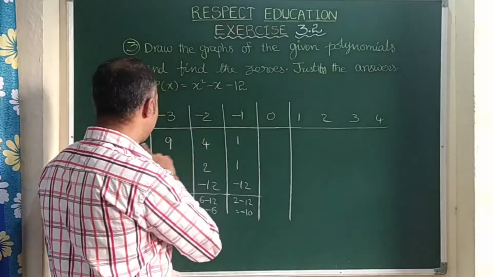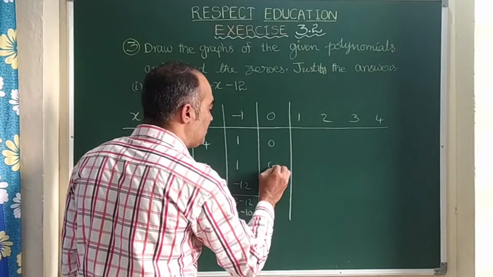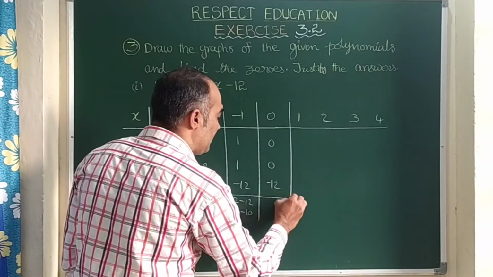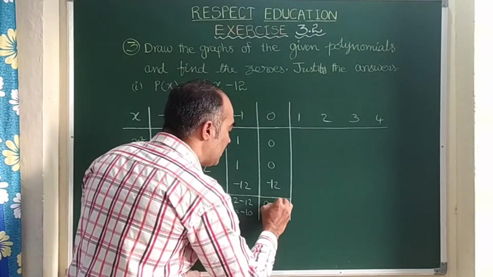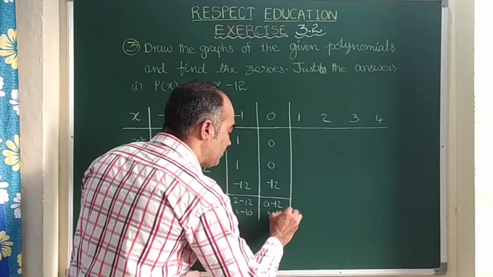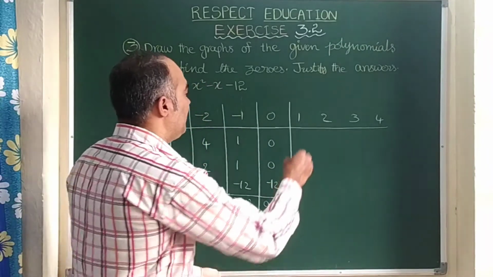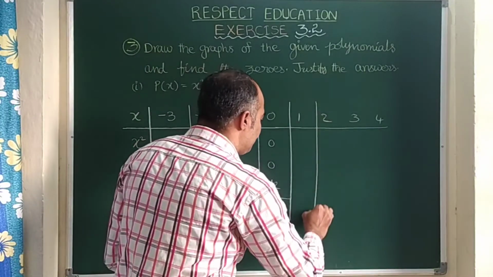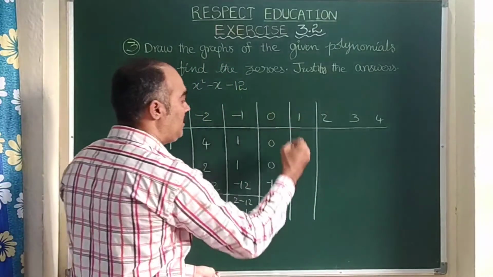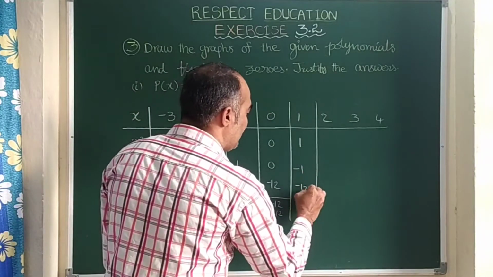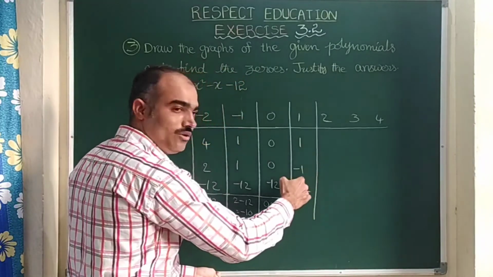Now let us go to the next value. This is 0. So here 0 square is 0. Minus 0 is 0. This is minus 12. 0 plus 0 is 0. 0 minus 12 is minus 12. Now let us go to 1. Here 1 square is 1. Minus x means minus 1, minus 12. Here 1 minus 1 is 0.